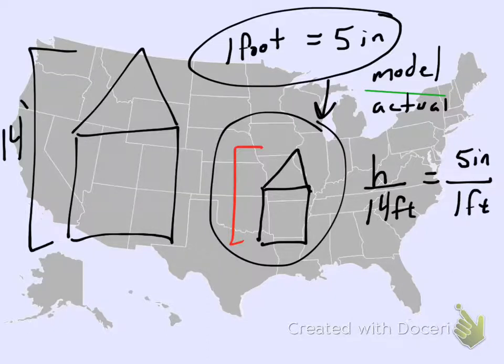Now when I cross multiply, 1 times h, I get h equals 14 times 5. Wow. 14 times 5 is 70. So we have 70 inches. So my scale model is going to be 70 inches tall. And that's all there is to it. Pretty easy, huh?